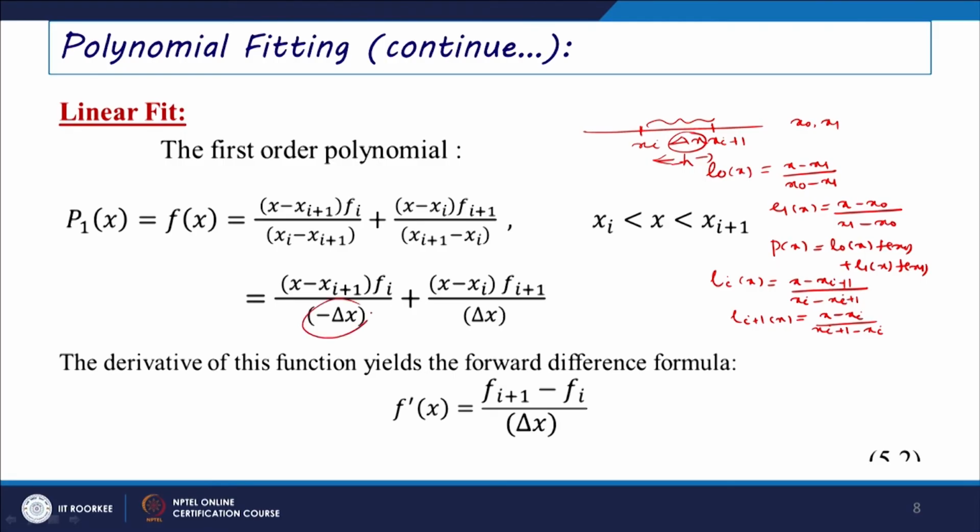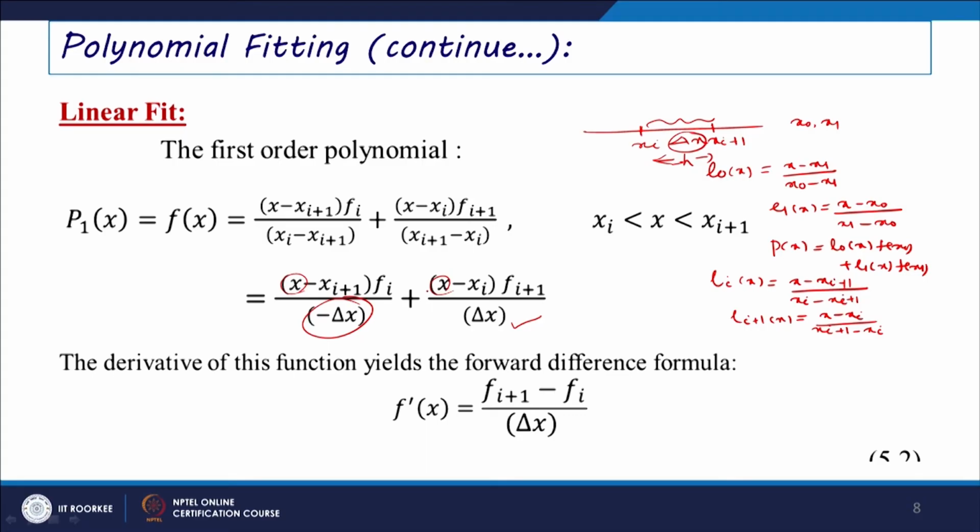This complete formulation we can write as (x minus xi plus 1) by minus del x into f of xi, plus (x minus xi) f of xi plus 1 divided by del x. And for the derivative of this function, we can just differentiate directly, since the associated term is x.